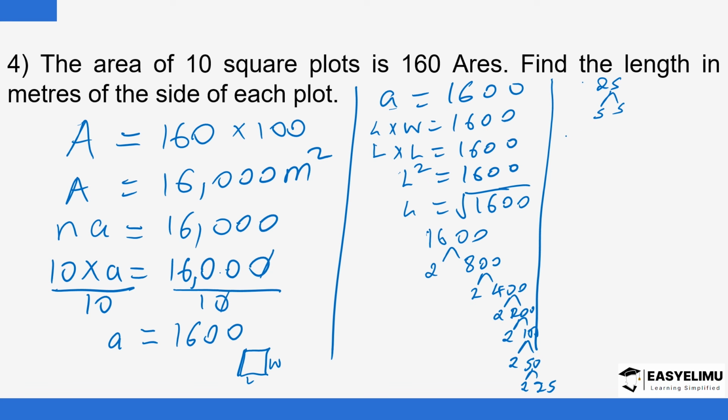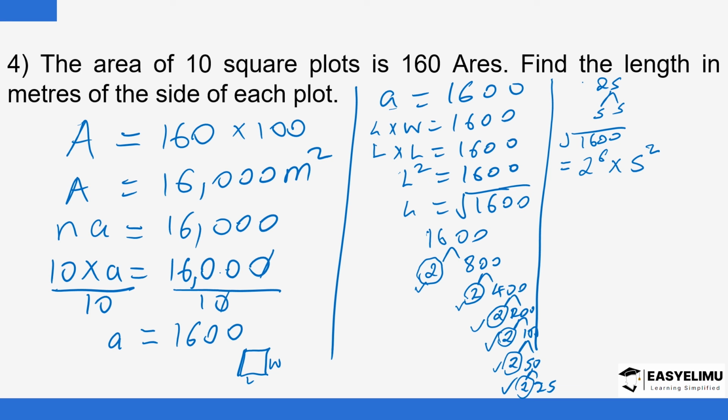So we have the square root of 1600 being equal to, so you need to multiply 2 how many times? See, this is 2 how many times? So we have 2 once, 2 twice, 3 times, 4 times, 5 times, and finally 6 times. So 2 power 6. Then you multiply by 5 2 times.